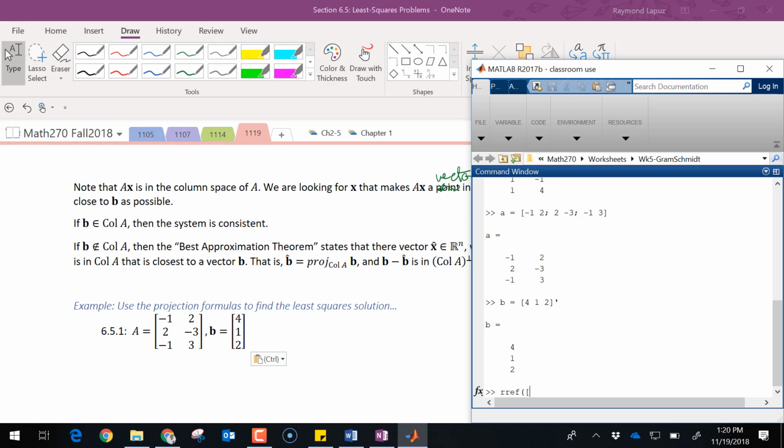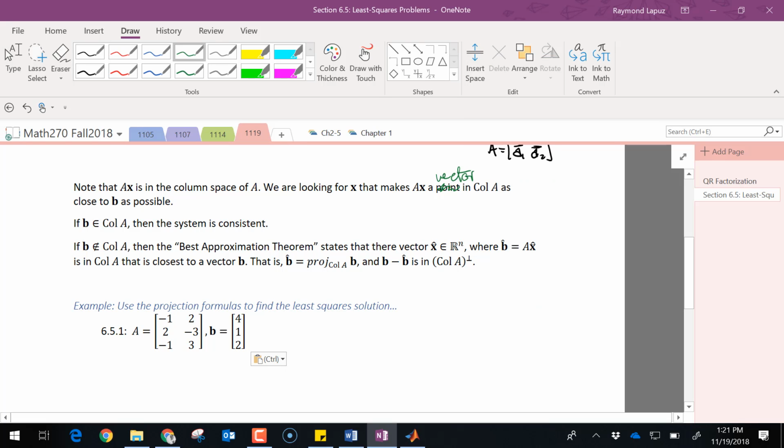We want to row reduce matrix A with b attached to it. What's this say? It's an inconsistent system, because remember that last column is supposed to be the b vector, right? So if we work it out, we get 0 is equal to 1.